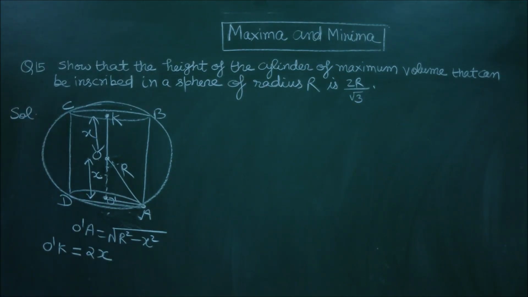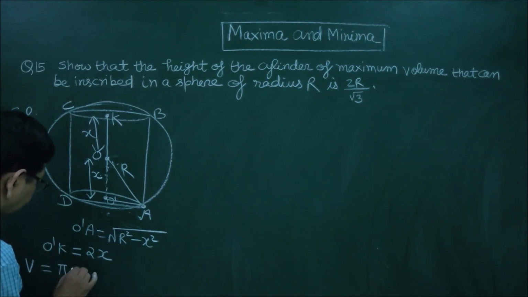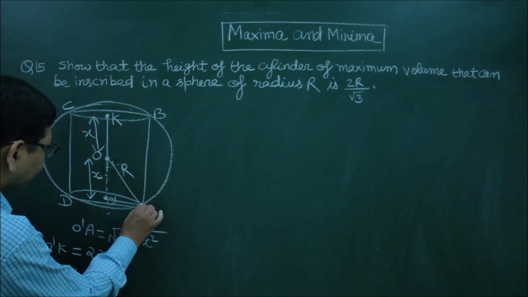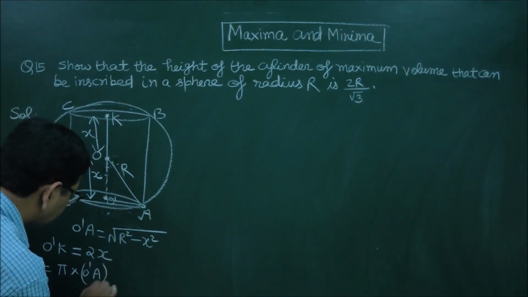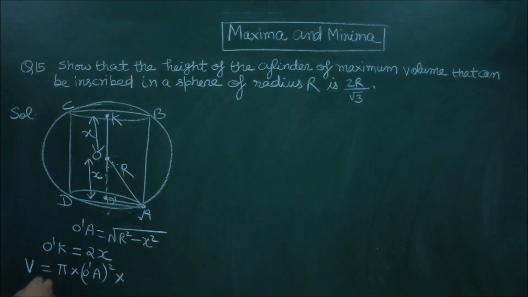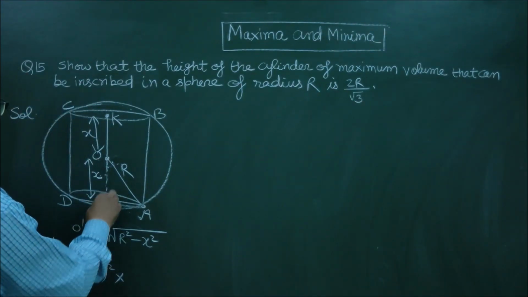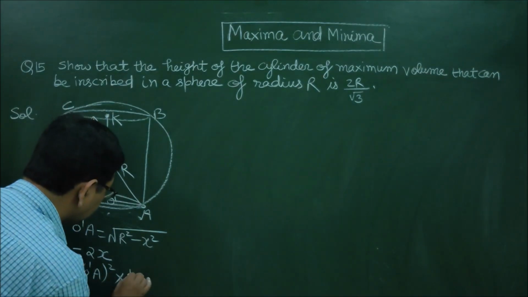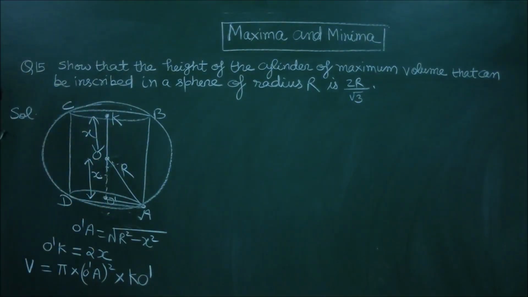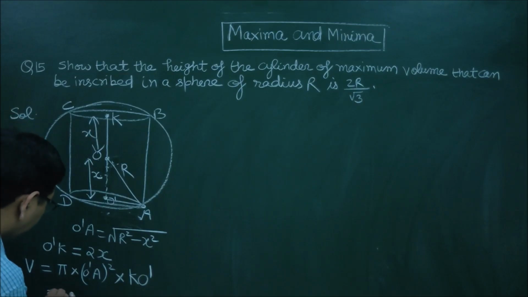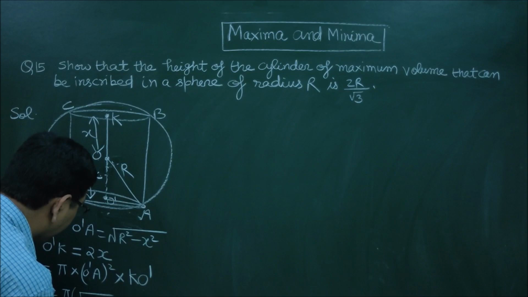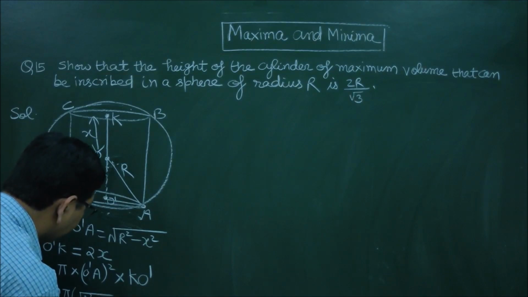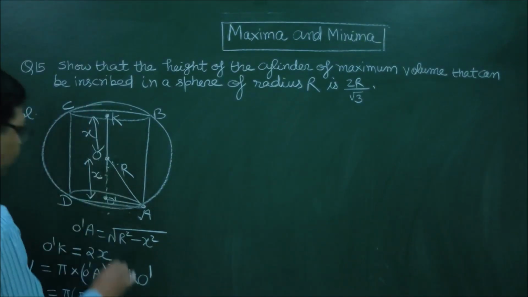Now the volume V is equal to pi, volume of the cylinder is equal to pi into O dash A square into the height K O dash. Pi into this O dash A, we have calculated, is under root of r square minus x square, into this height which is equal to 2x.